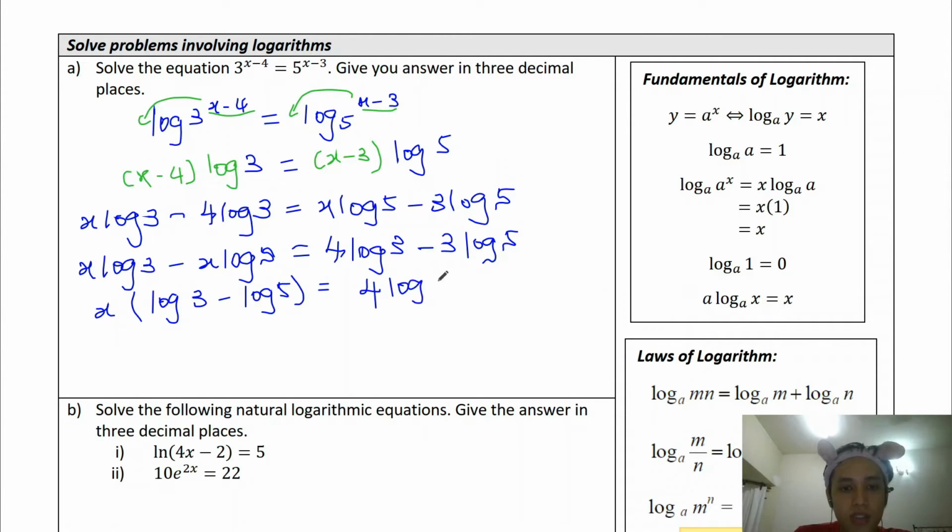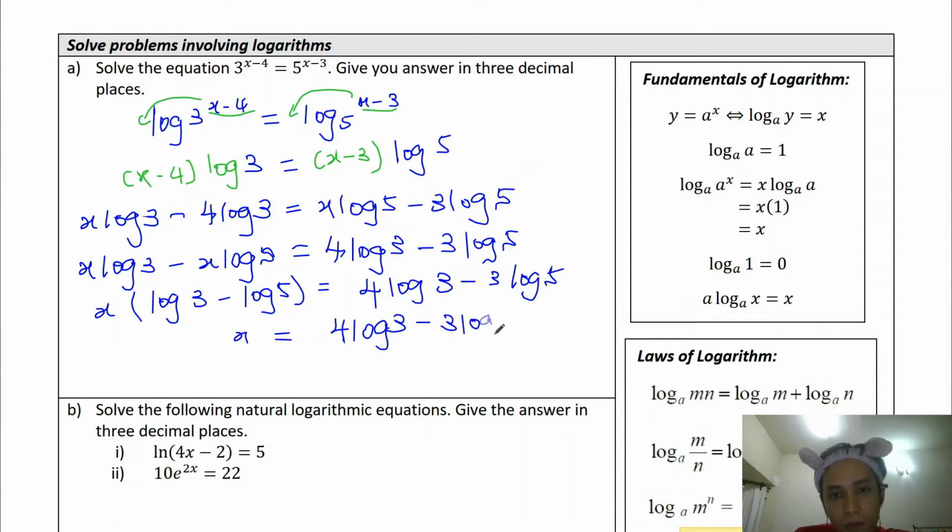Alright, so this one steps are a bit longer. Okay, and then x is equivalent to, you shift the whole thing down, meaning you divide. Divide this, log 3 minus log 5. Okay, and then you should be able to get your answer.